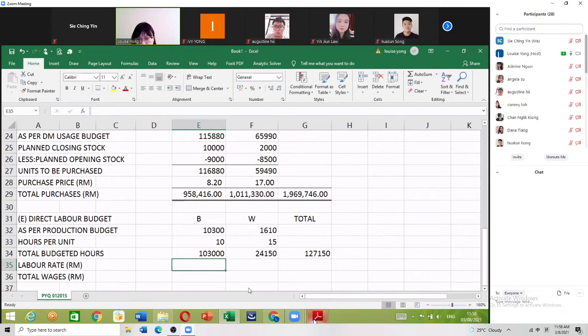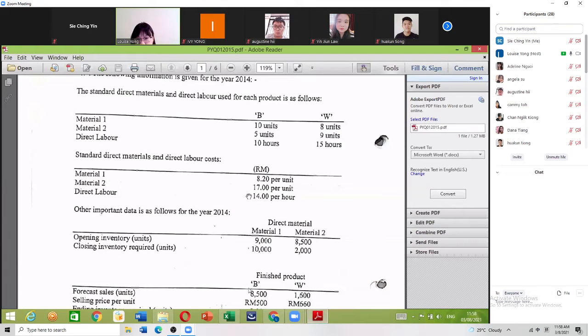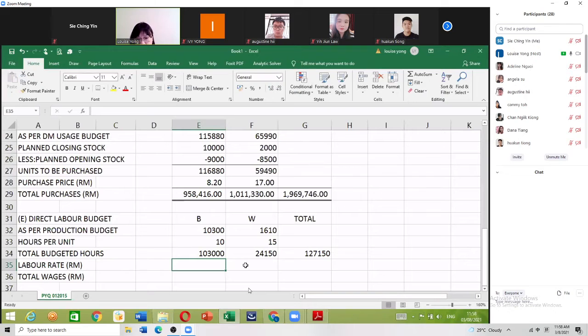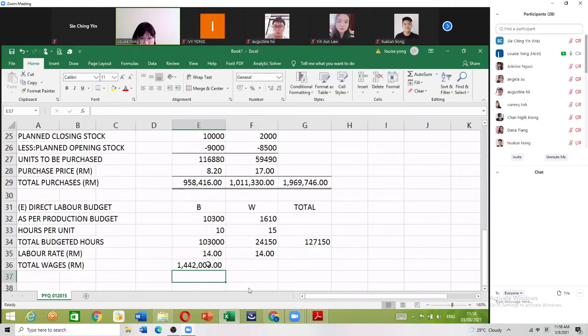It says how much per hour: 14 dollars 40. So 14 multiplied by 40. Okay, so 1.442 million, 338,100. So what will be your total labor? 1.78100.